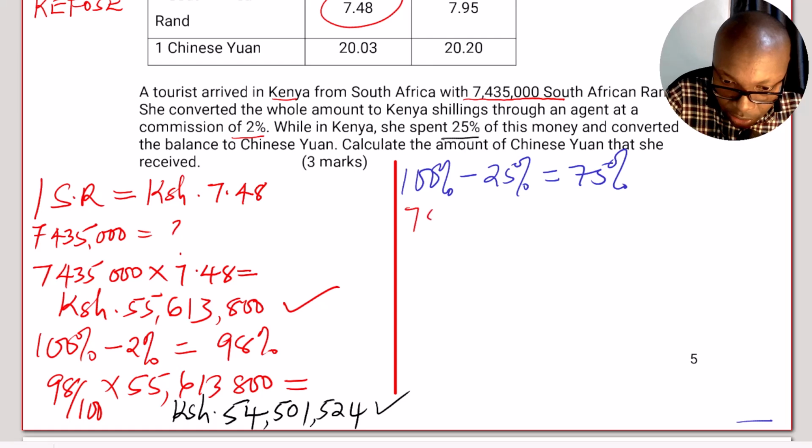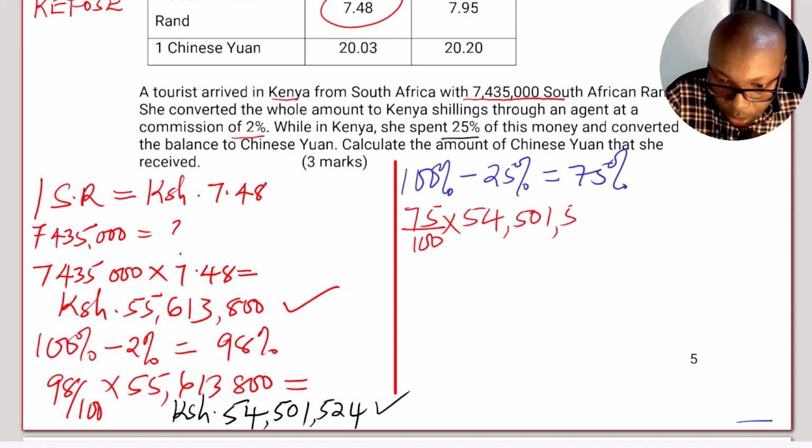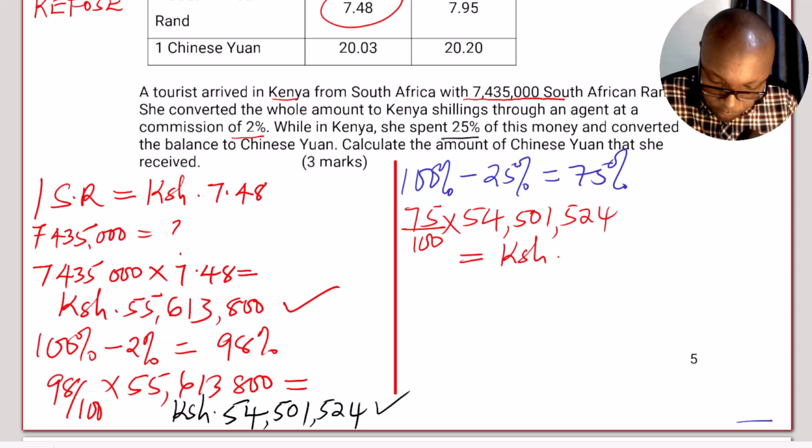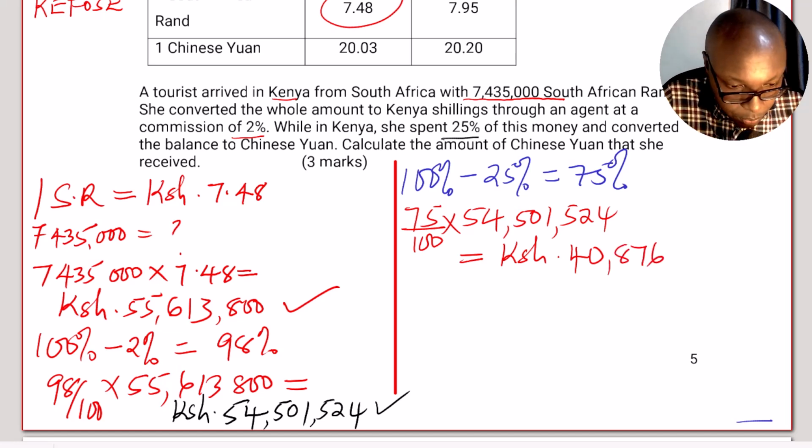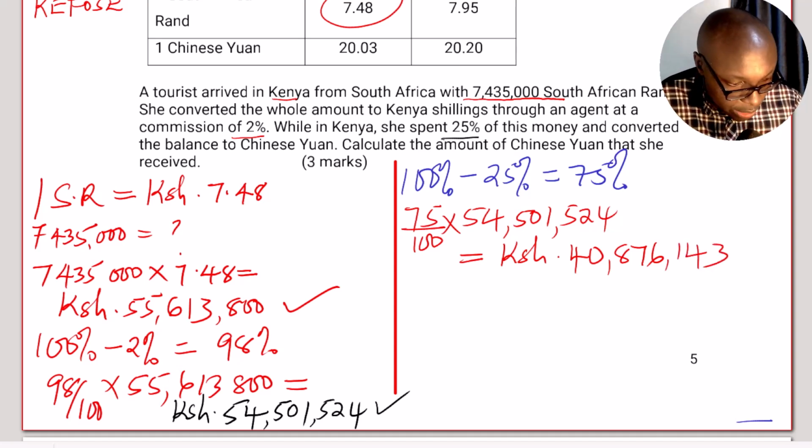So let us get 75% of this money, that is 54,501,524, and this will give 75. So 54 times 75. So she was left with 40,876,143. So that was the amount of money she was left with.